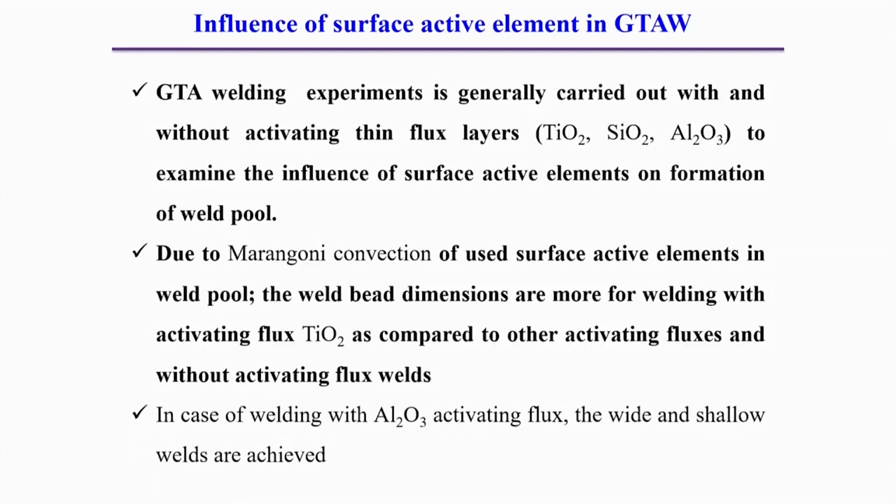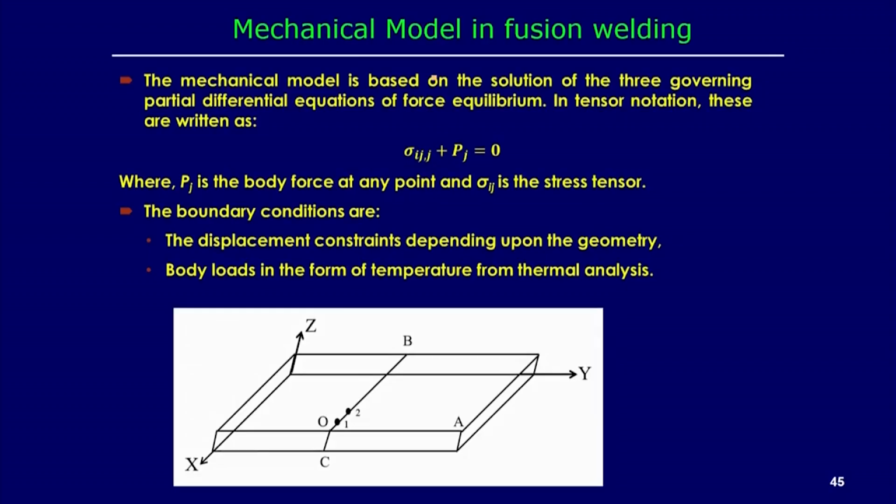But in the case of Al2O3, we did not find any effect of the active elements that produces a high depth of penetration. Possibly it needs to optimize the quantity, or maybe it needs to optimize the other process parameters, so that we can get the benefit of the active elements that influence the weld dimensions.